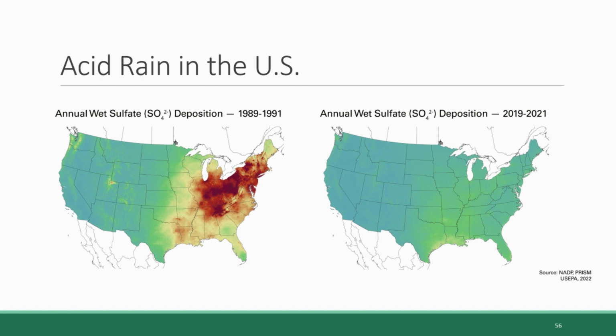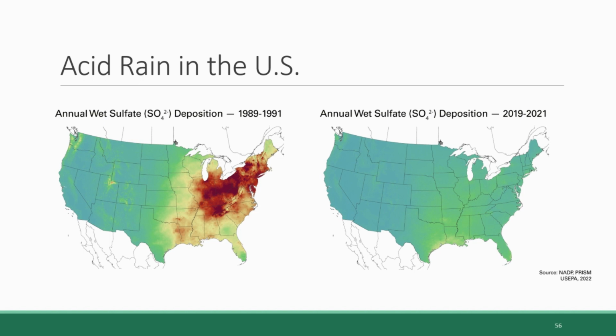And the dramatic improvement that you see here is attributable to a special part of the Clean Air Act called the Acid Rain Program, which was put in place by the US Environmental Protection Agency, the EPA, in 1995. What the Acid Rain Program was, it was a program that set a limit on the amount of sulfur dioxide that power plants were allowed to emit. And it also established a cap and trade system where plants that were reducing their emissions even lower could sell their positive credits to other plants.